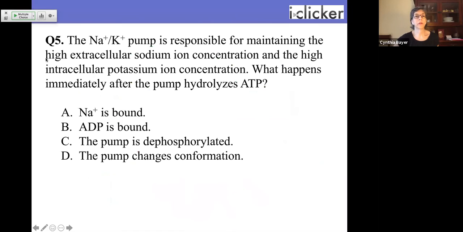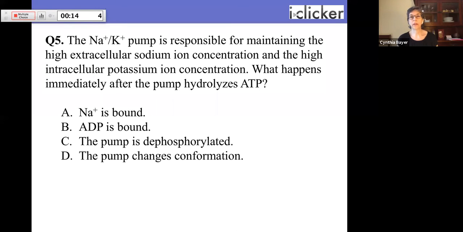So I have a question for you here. This pump is maintaining the high sodium ion concentration outside the cell, the high intracellular potassium ion concentration.